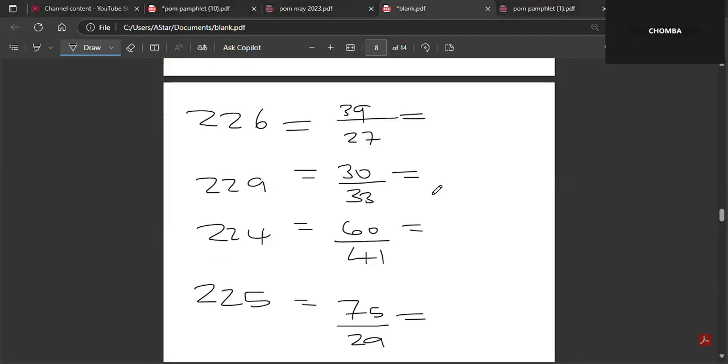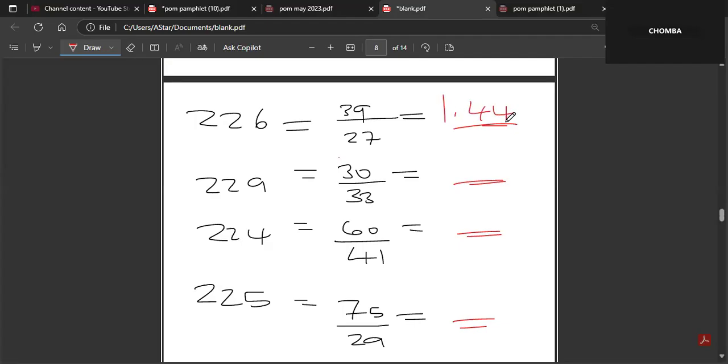Divide for me. We'll start with the one ranking first with the smaller ratio. So divide these ones for me. Let's see what we are going to find here. What answer are we getting? The first one is 1.44.